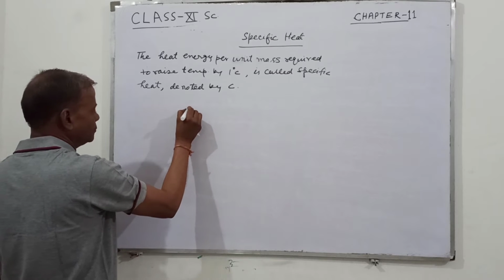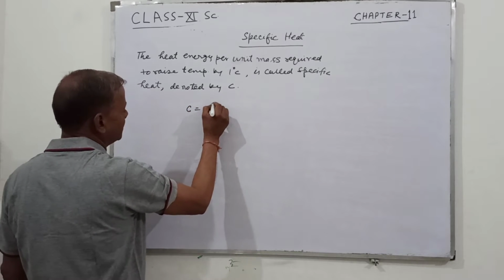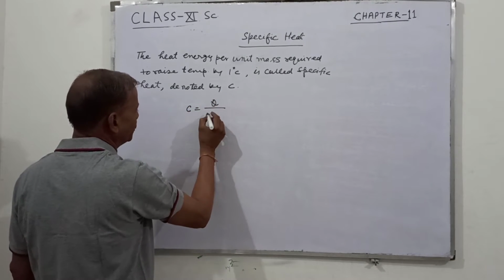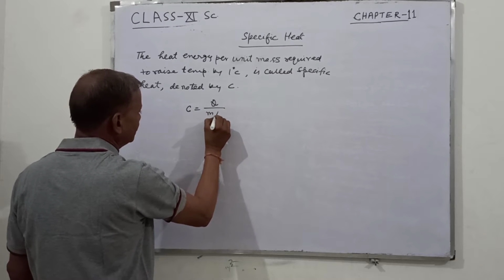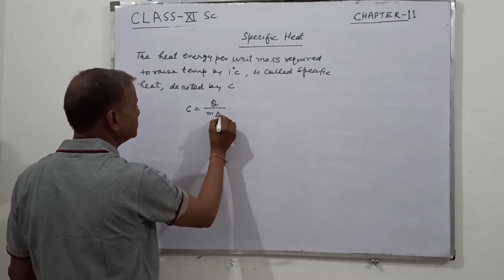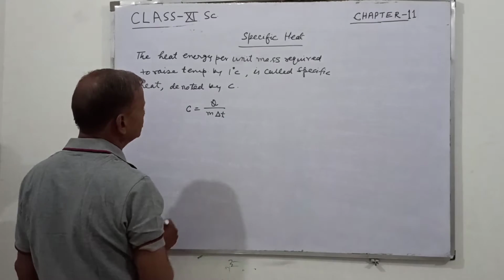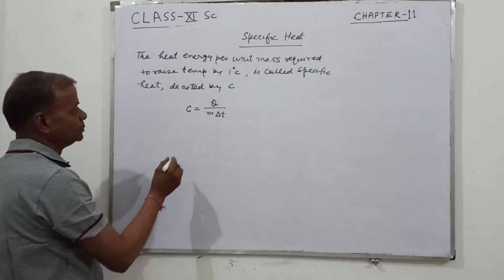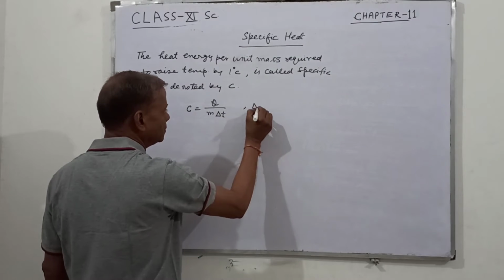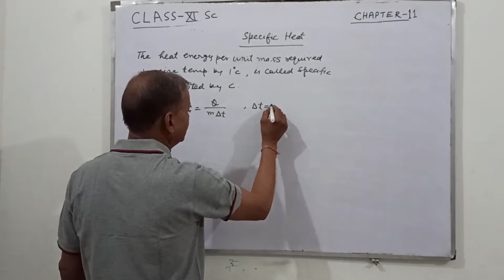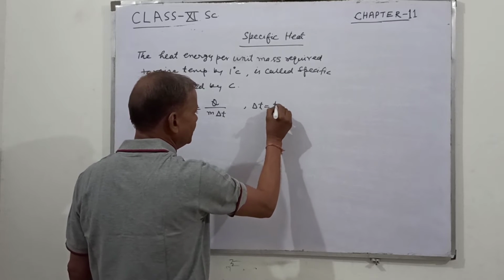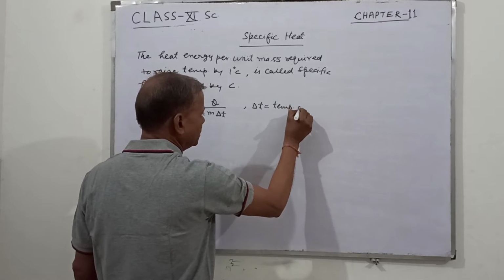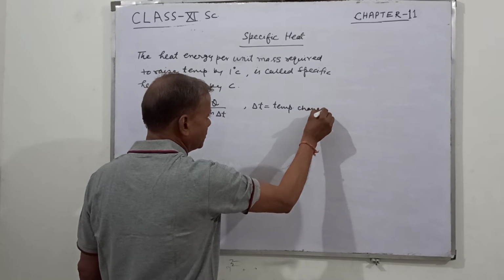So C equal to Q upon M delta T. Delta T is the rise in temperature, or simply temperature change.